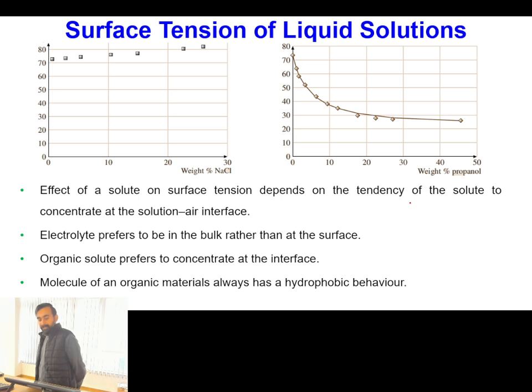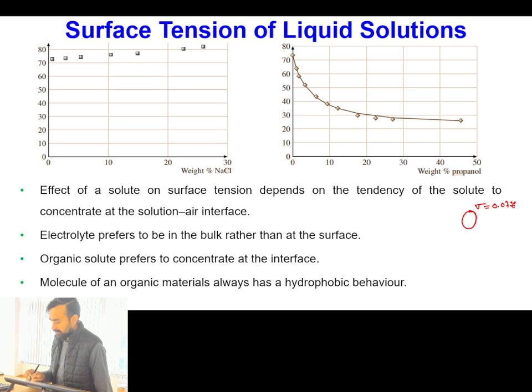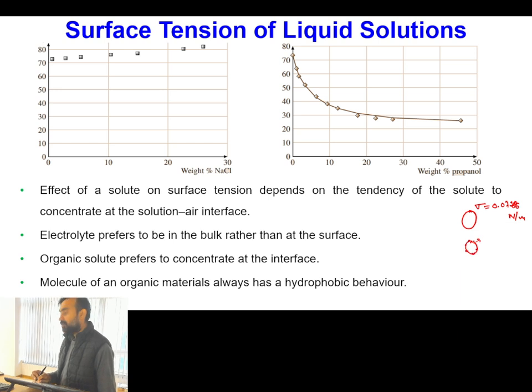If you have some pure air water interface under atmospheric conditions, then you will be having sigma equal to 0.07286 Newton per meter. But if you have some impure air water interface, it means some dust particles are collected near the interface between the air and water, you will be finding a drastic decrease in surface tension.